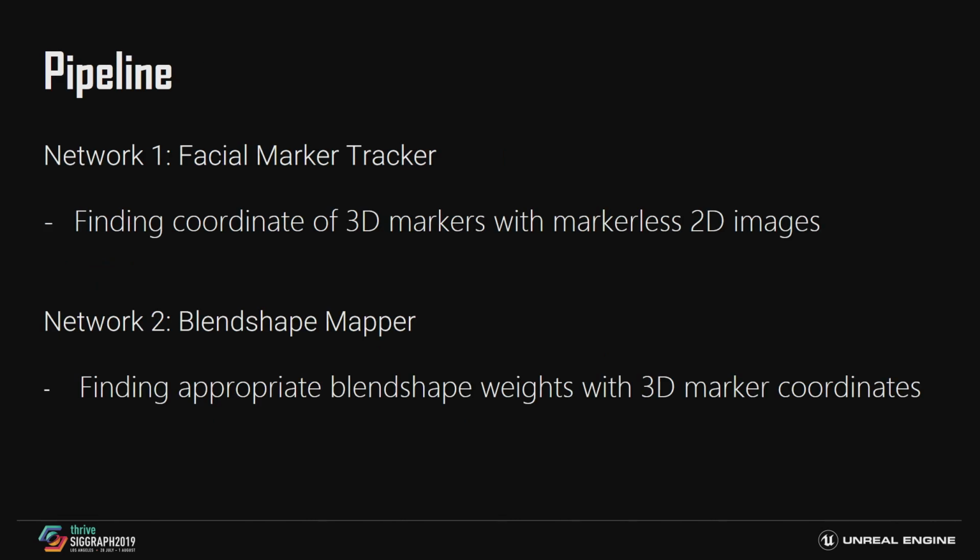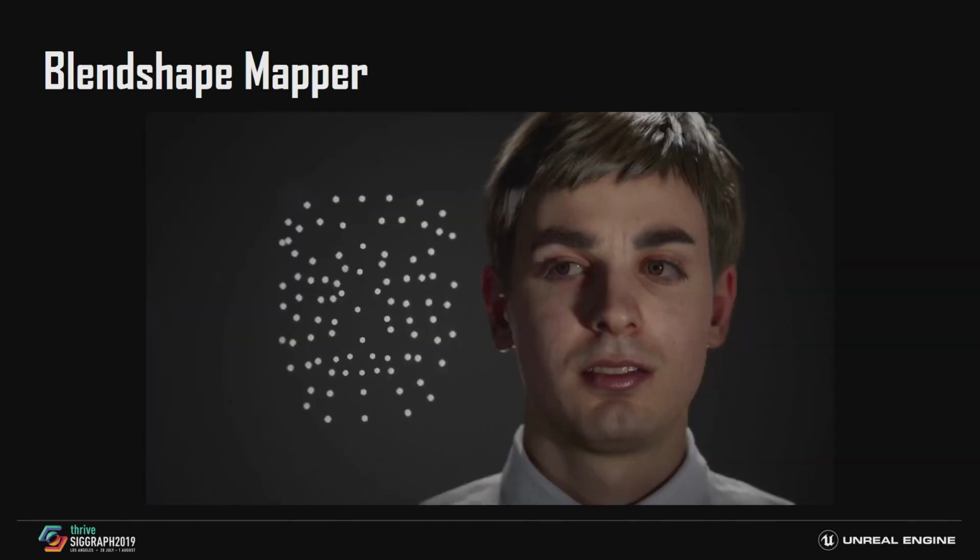We need two networks for our facial expression. The first one is the facial marker tracker, which predicts the coordinates of 3D markers based on markerless 2D images. Nowadays it's quite a popular algorithm, so I might skip to the second network. The second network is the blend shape mapper.